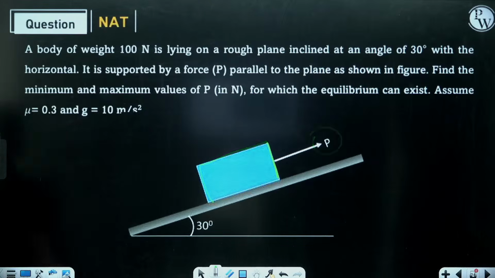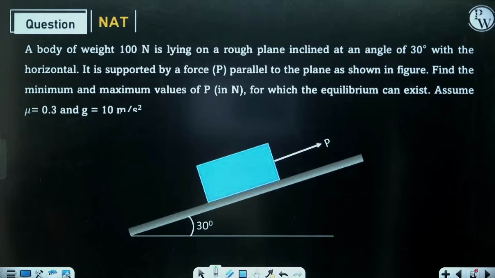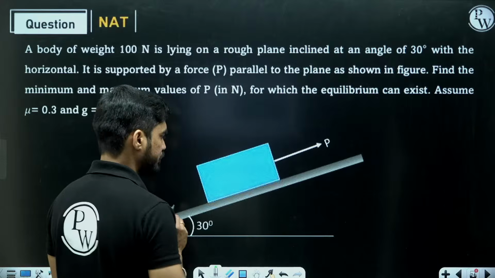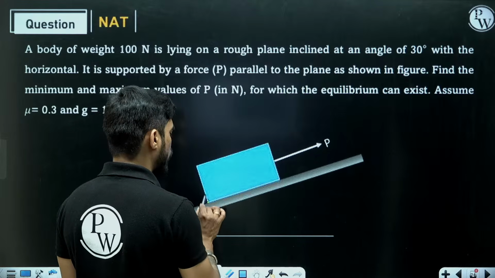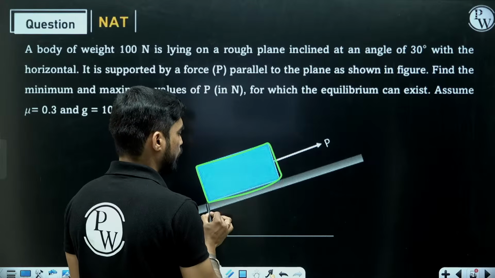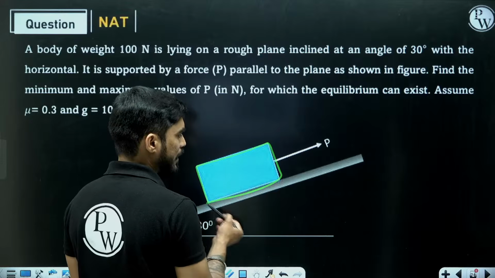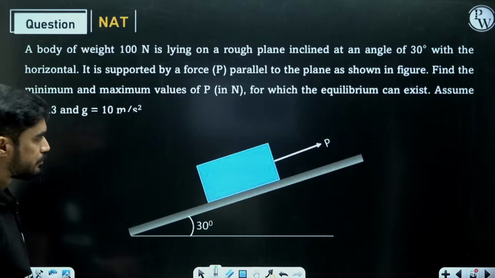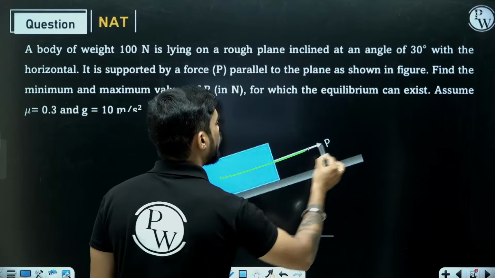Now, what do we mean by maximum and minimum value of P? Understand the case, understand the condition. See, if I apply a force more than a particular value, this block will start moving upward.